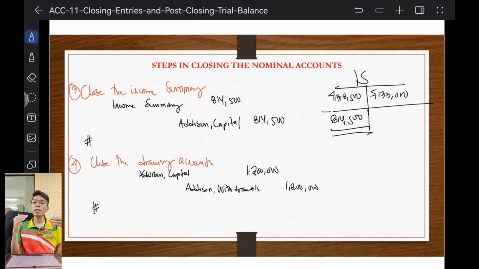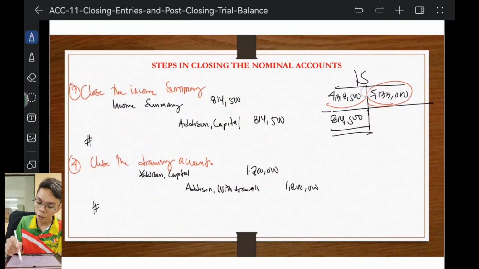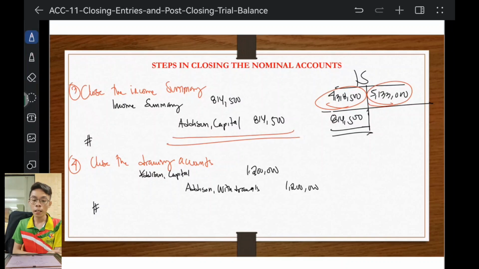So if you notice, class, as what we have talked about in our previous meeting, the normal balance of a capital is credit. So if you noticed here, our income summary's credit is higher than our debit. That is why we credit Addison capital.